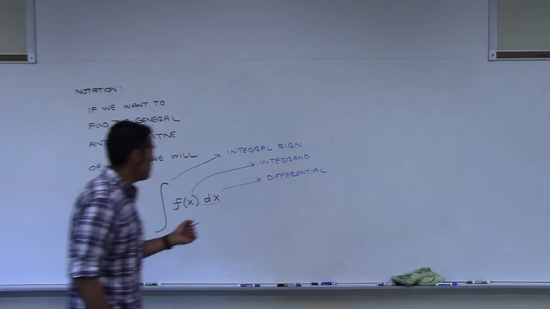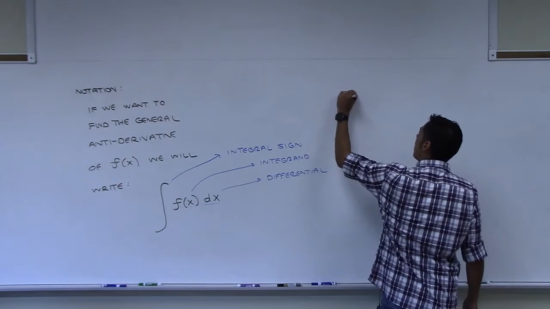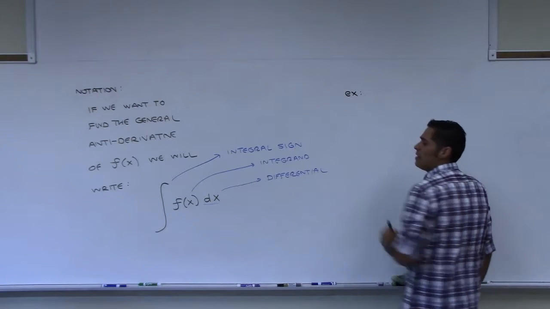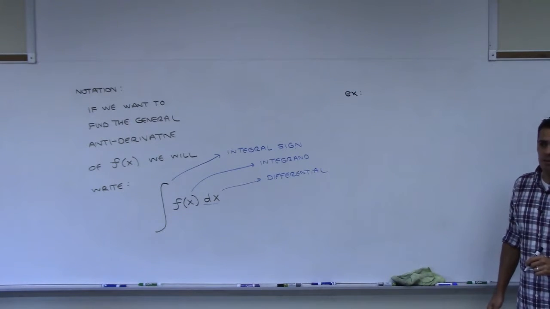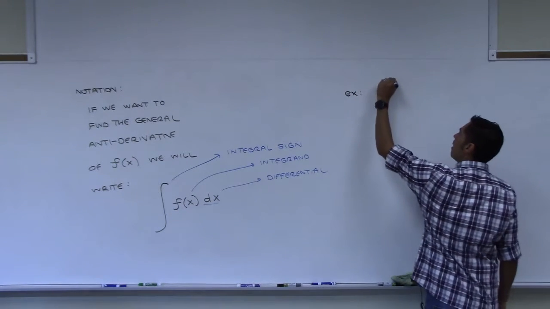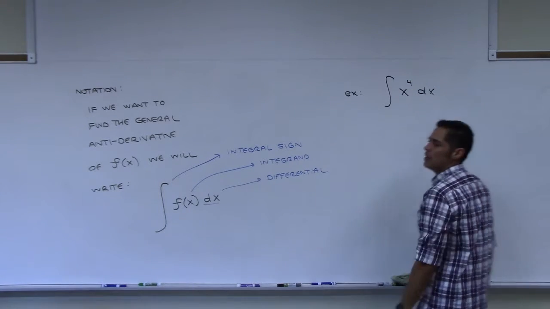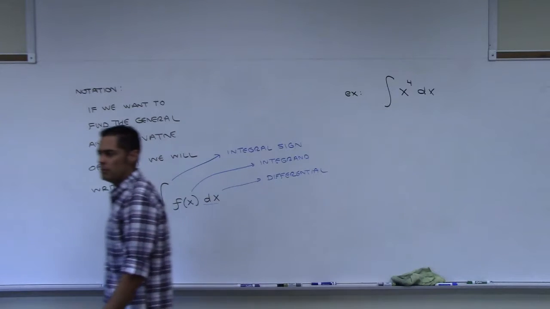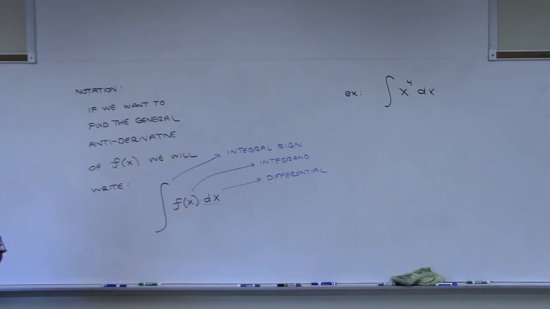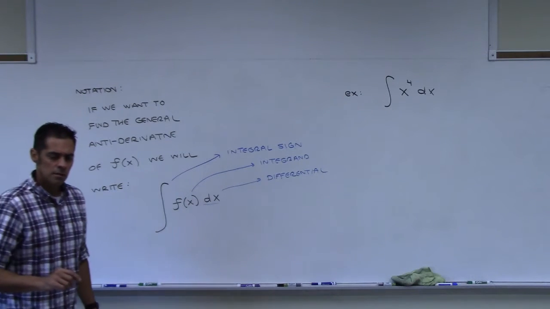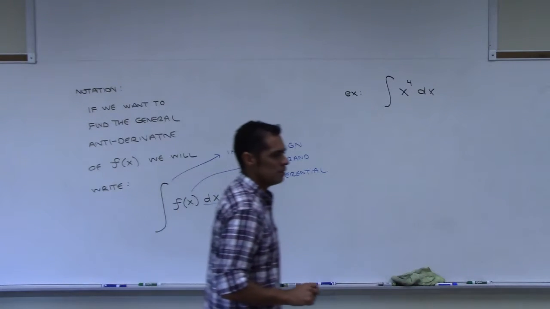OK, so as an example, the first problem I gave you today was to find the antiderivative of x to the fourth, right? So if I wanted to write that a different way, I'd do this. That's what I'd write. And that's telling you to find the antiderivative of x to the fourth. Wait, was it x to the fourth? Was it x cubed? The first one I gave you? Yeah.